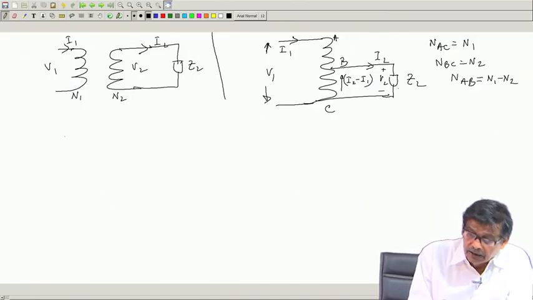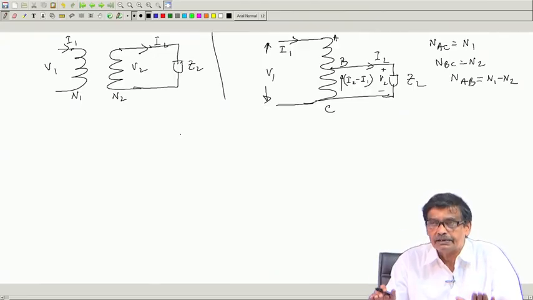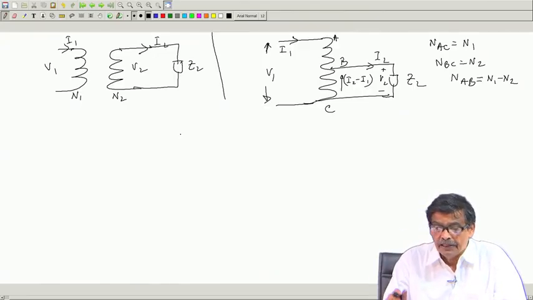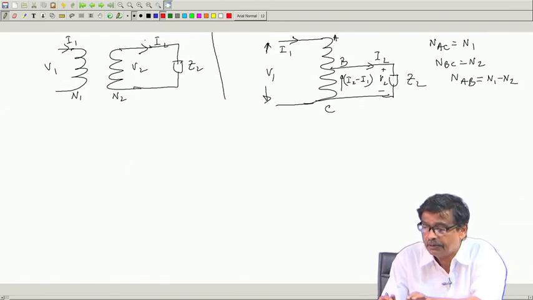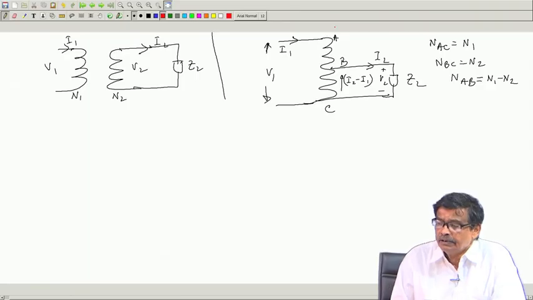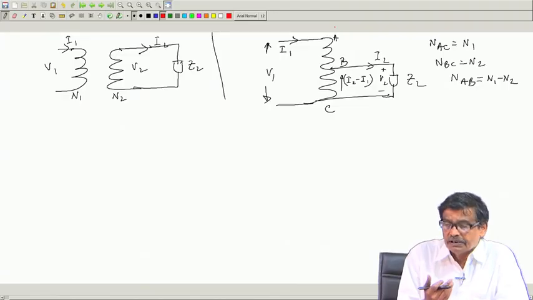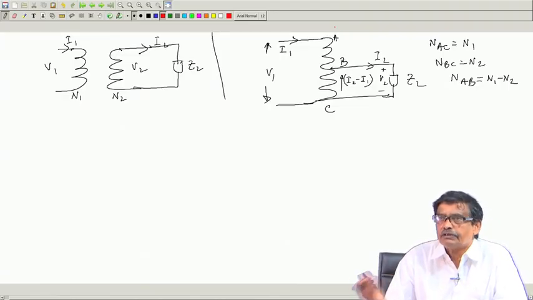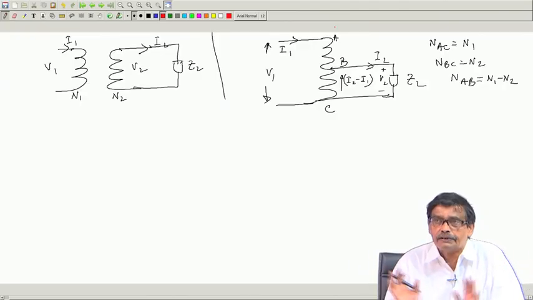Got the point. These two transformers are of the same rating. If these two are put in a black box, with only two terminals available on each side, you will not be able to distinguish whether a two winding transformer is doing the job or an auto transformer, so far as the output terminals are concerned.